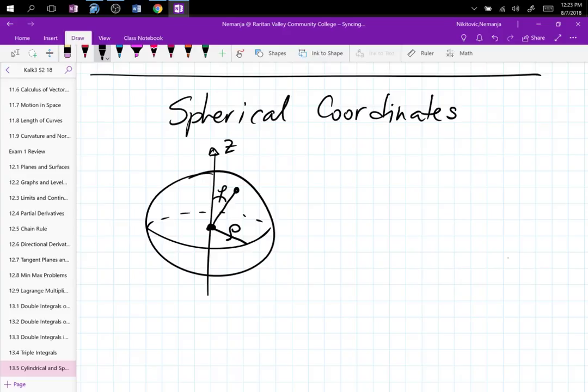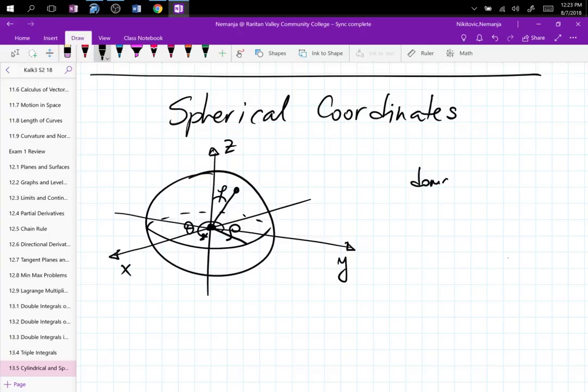We work with two angular measurements, so we still have good old theta that works in the xy plane of the sphere. So my domain is a circle.